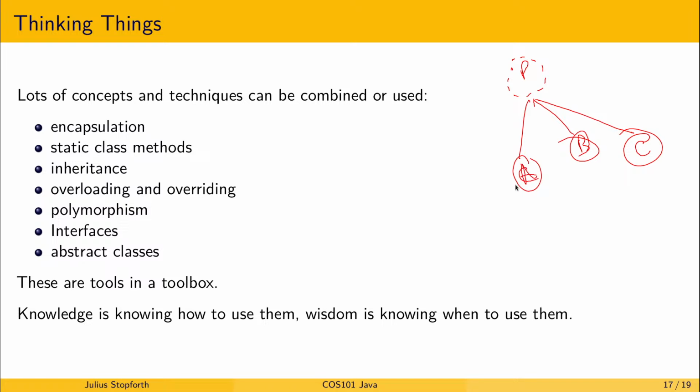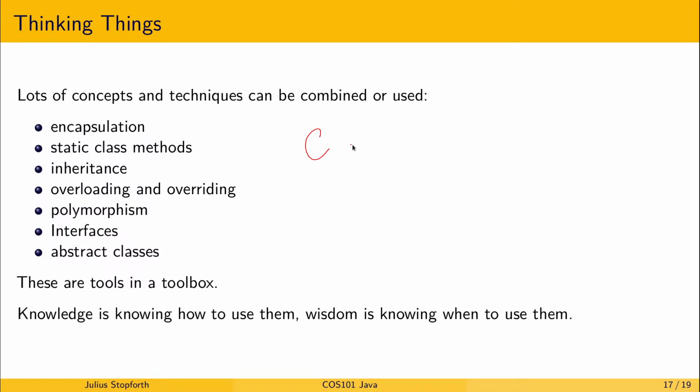All right. So what I'm trying to get across to you is that all of these things can be mixed and matched and used sort of interchangeably. You can have a class that extends another class and implements multiple different interfaces.